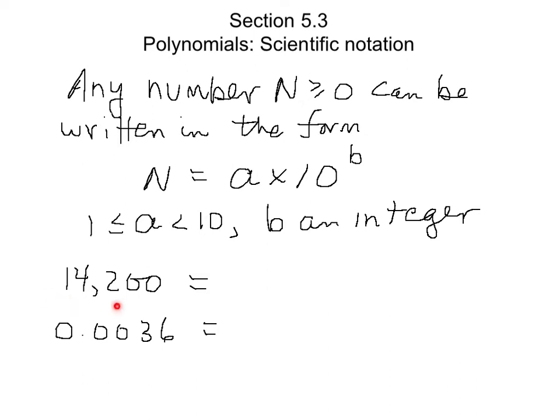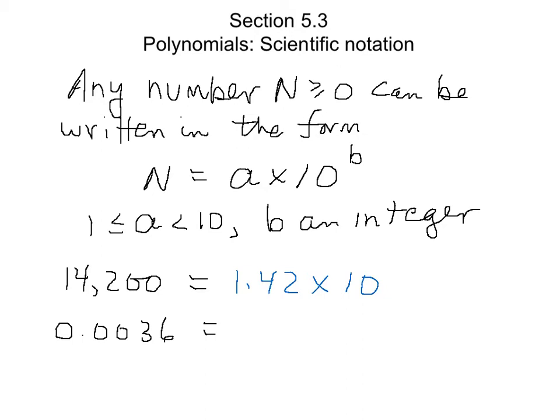So if we look at the first one, 14,200, and we want to write that in the form like this, where a is between 1 and 10, then you're going to have 1.42 times 10. Well, if you look at this, if I put the point right there, I have to multiply by 1, 2, 3, 4 tens.